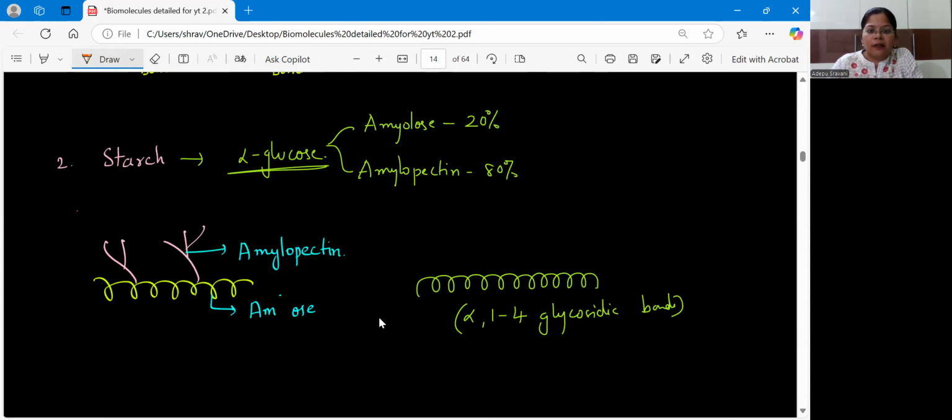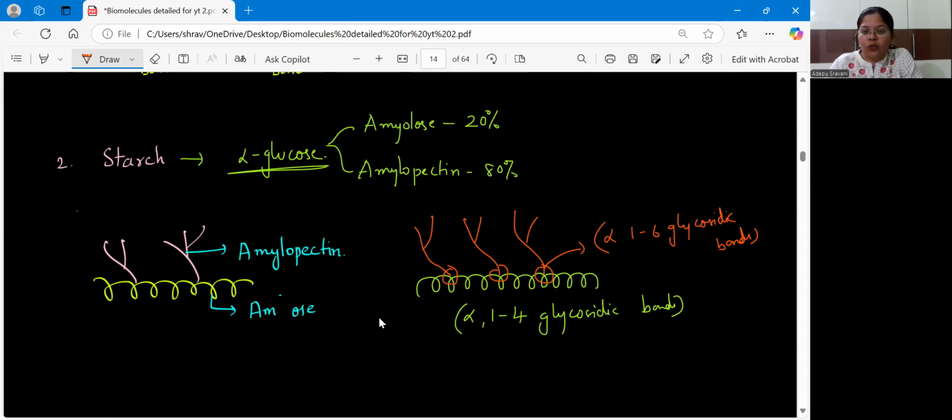And the site from where the branches are arising, like this, again at this site we have alpha 1,6 glycosidic bonds. And please remember, the amylose component will be helical, whereas amylopectin will be linear.